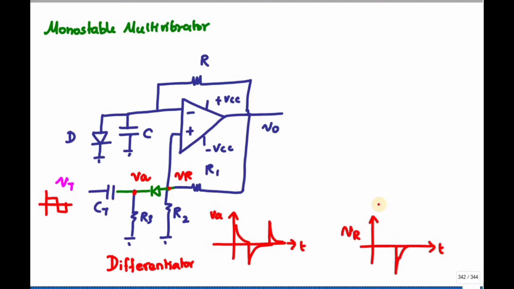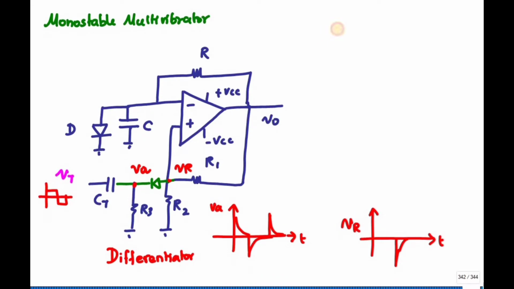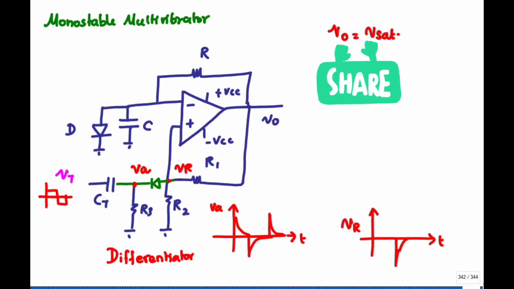Let me assume the initial output voltage V naught is equal to V saturation. Since it is V saturation, this capacitance value is very low, so this output will charge the capacitance.